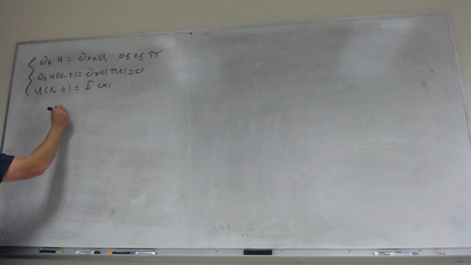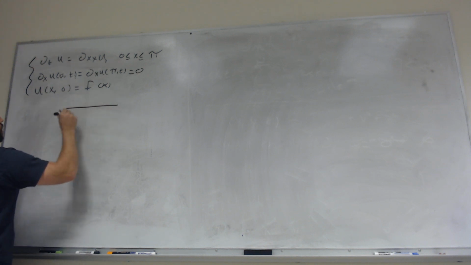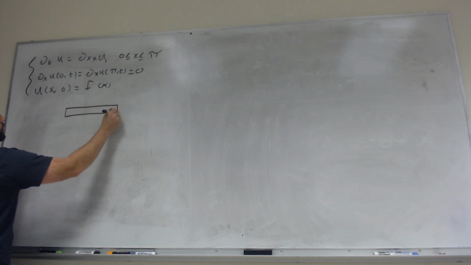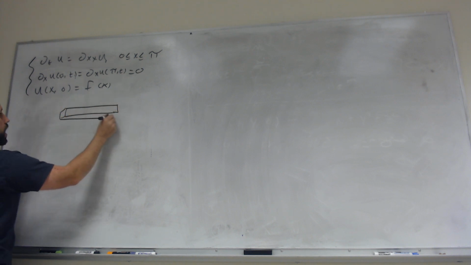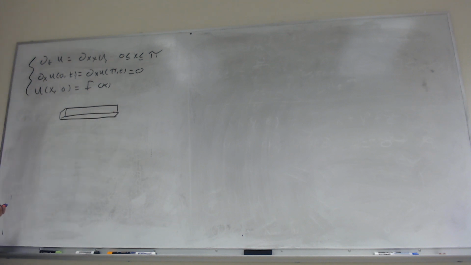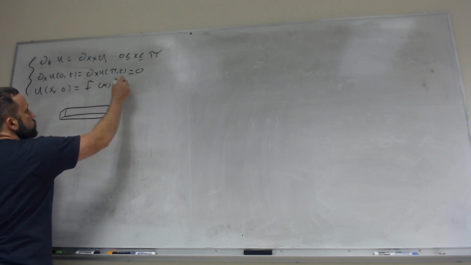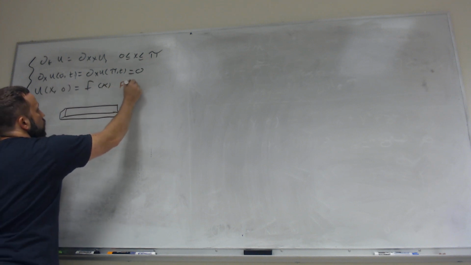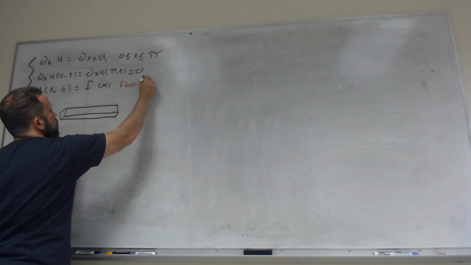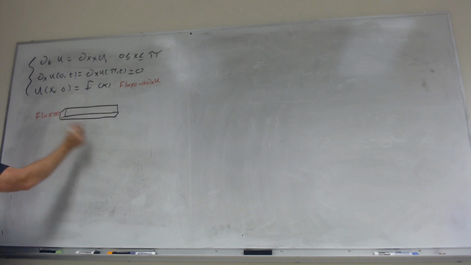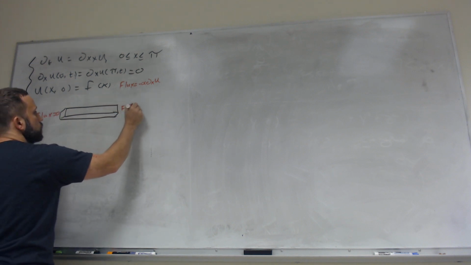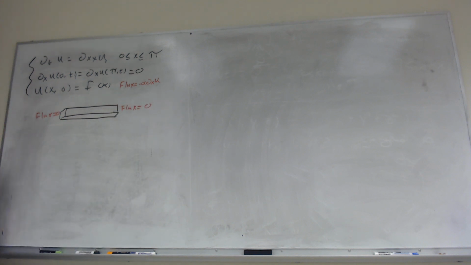Okay, so what we're modeling now is this situation. Well, what's going on here? I know the x derivative is equal to 0 at the boundaries, but remember, the flux is equal to minus alpha times the x derivative. So what I'm saying is that the flux is equal to 0 here, and the flux is equal to 0 here.